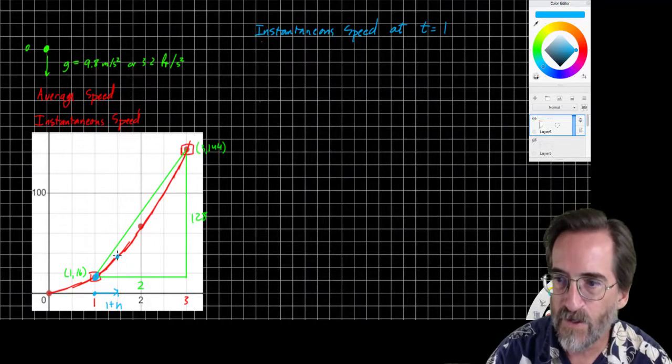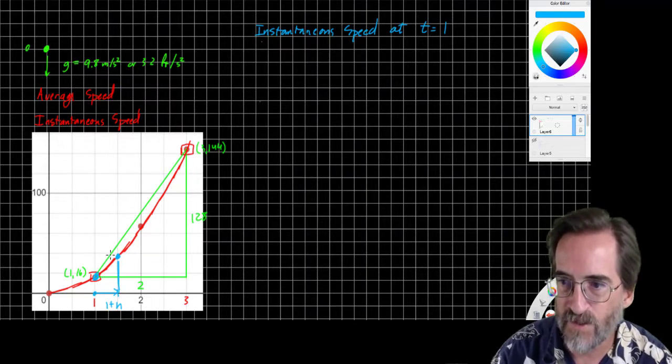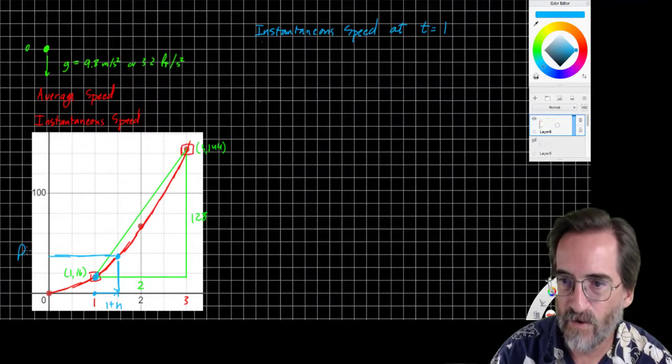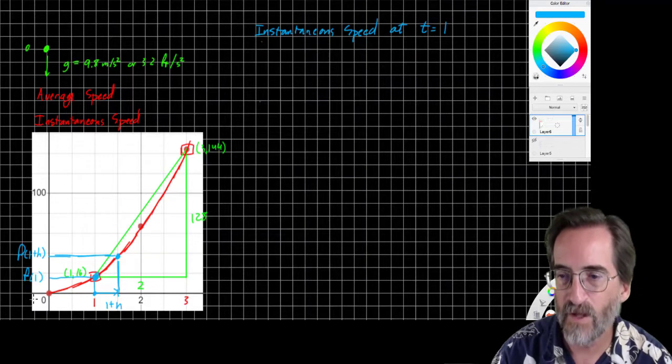And then I'm going to plug that into my formula, and I'm going to get f of 1 plus h. So f of 1 plus h, right? And this is 1, and this is going to be f of 1. Okay? F of 1, of course, is 16, right?